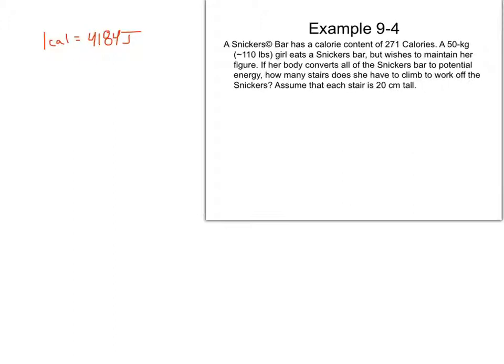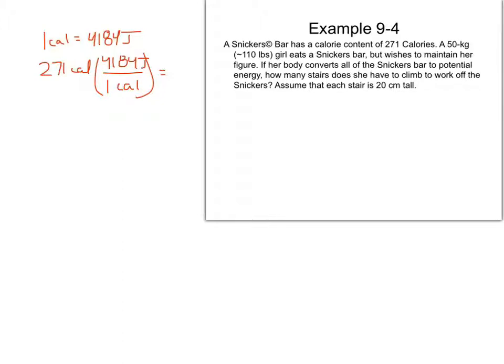Okay, so if a Snickers bar has 271 calories in it, let's do a quick conversion right here. It's 1 calorie to 4,184 joules of energy. The question is, how much energy really is in that Snickers bar? All right, well, I get 271 times 4,184. I get, goodness, that's a lot.